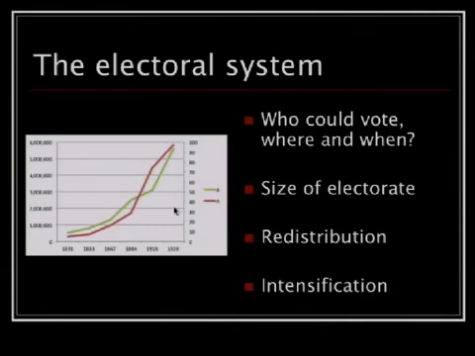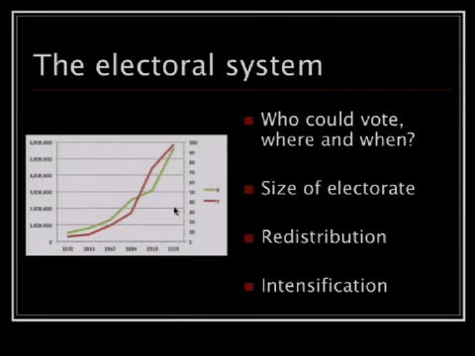And then after 1868, that falls to 30%. So 70% of constituencies are now holding elections all the time. And that continues to rise until 1918, where they're legally compelled to hold an election.